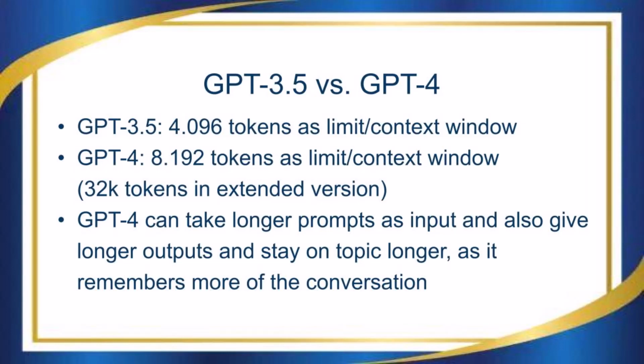In short, that means GPT-4 can take longer prompts as input and also give longer outputs. Moreover, because the context window is longer, it can stay on topic longer because it remembers more of the conversation that you had. This is another strong reason why I recommend you to invest into ChatGPT Plus and pay the $20 a month it currently costs.